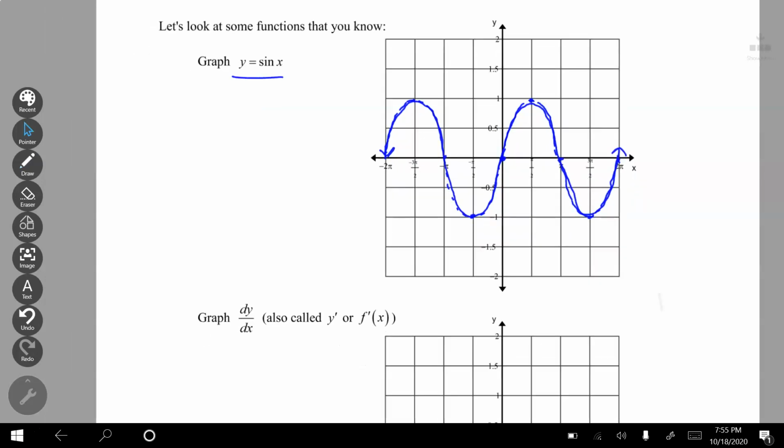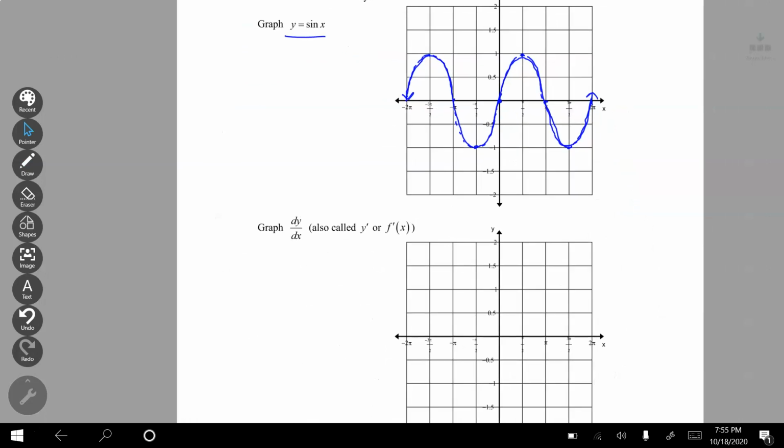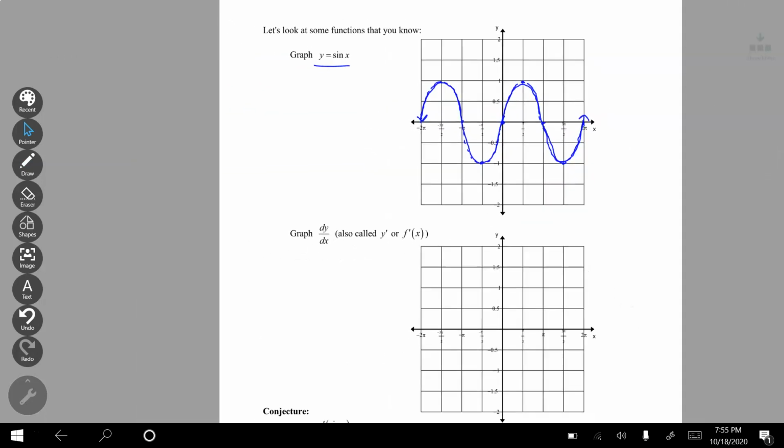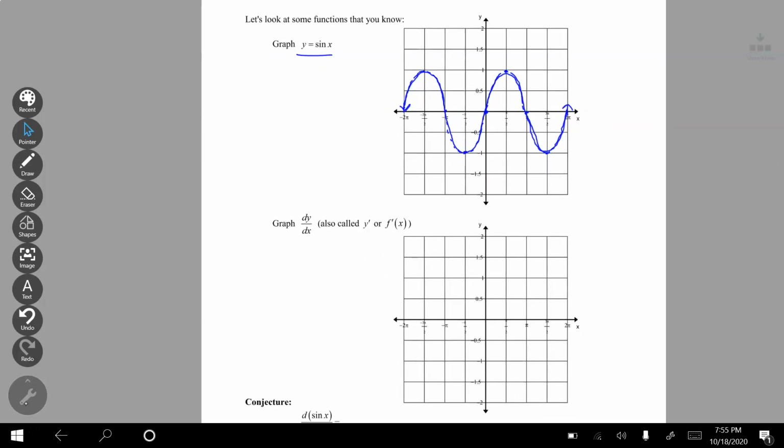Well, now I want to take its derivative, or the dy dx of it, changing y, we're changing x. So I'm going to shrink this up a little bit. Well, the one thing I know is that at these points here, the mins and maxes always have slopes equal to 0. So I have positive, negative, positive, negative slope, and finish off with a positive slope.